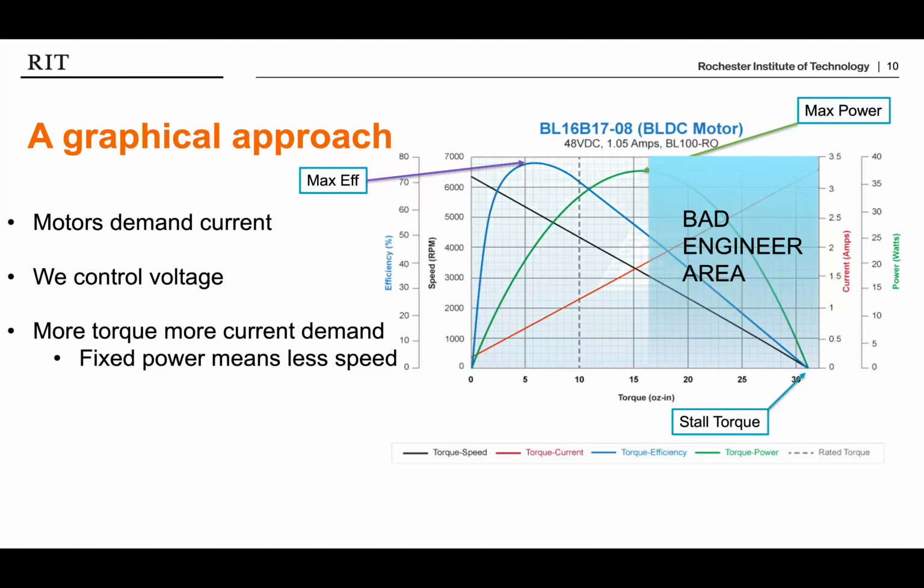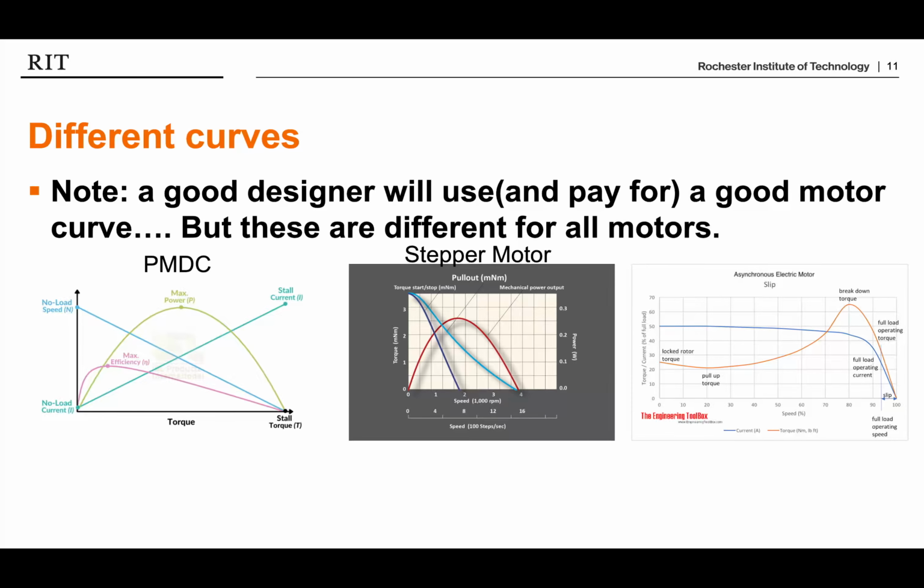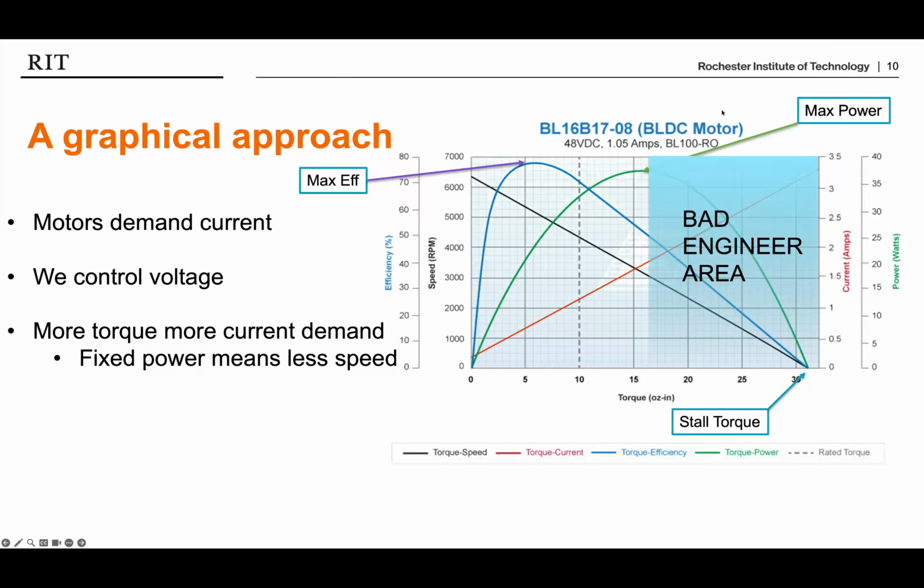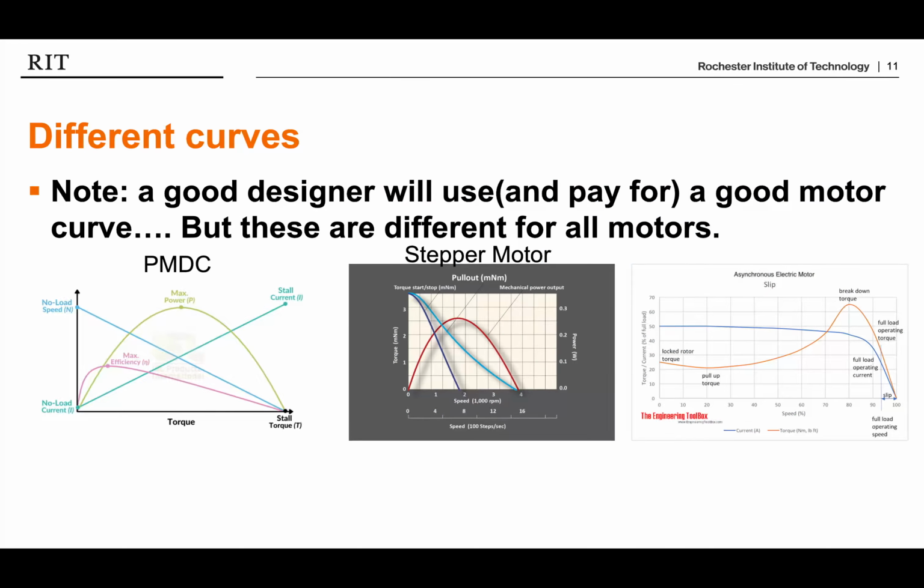Okay, well, what about other motor types? As it turns out, different motor types do have different curves. Just to be clear, brushless DC motors are what we call a synchronous AC motor. So brushless DC and synchronous AC motors have plots that both look like this.